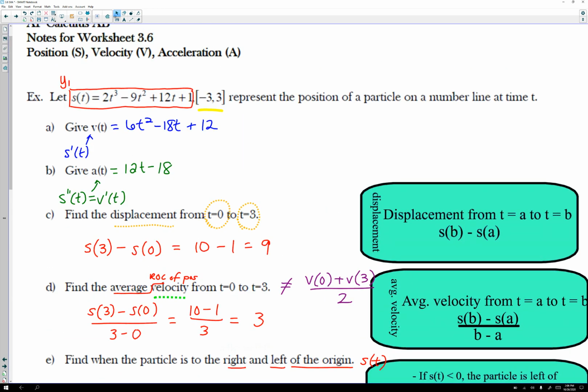Okay, so unfortunately, since I don't have my calculator on my computer, I can't show you and remind you how to do these sign charts. But what I would do is graph your position function, and I would restrict my window to just x values, which are the same thing as time, from -3 to 3. That means I would also restrict my sign chart to that domain.